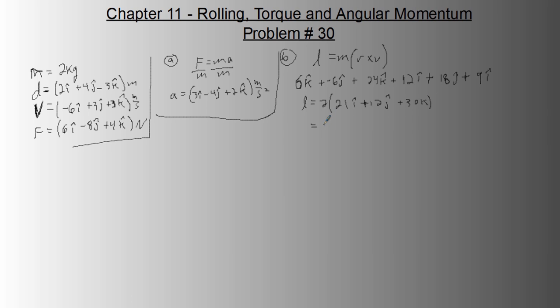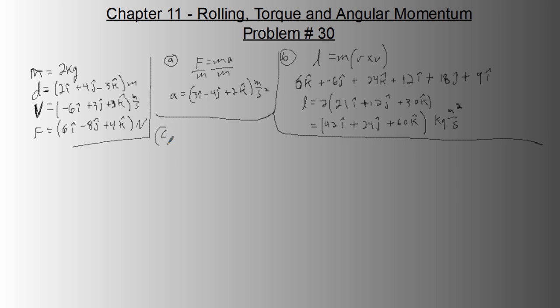And then let's multiply by 2, so that becomes 42i plus 24j plus 60k. And the unit for that is kilogram meter squared per second. Alright, cool, that wasn't too bad.